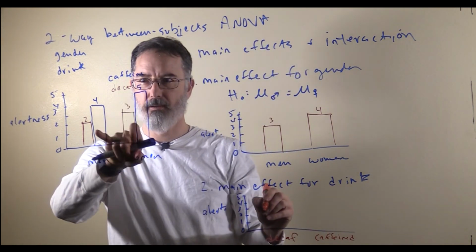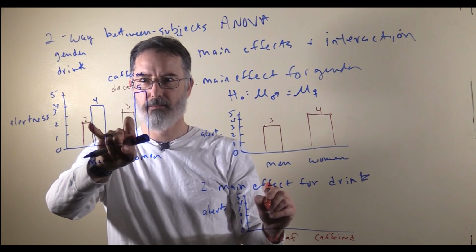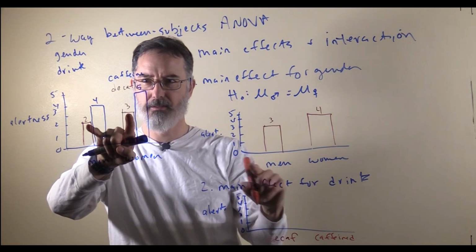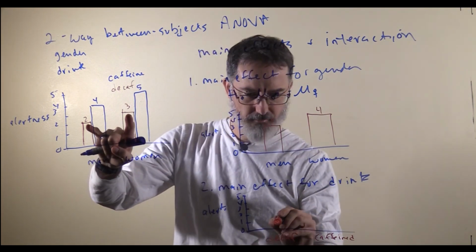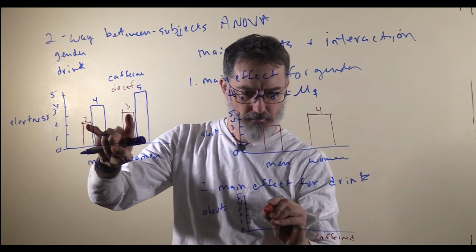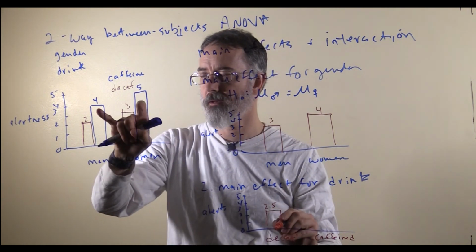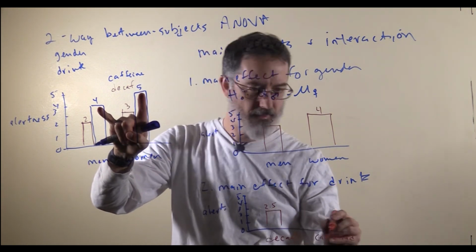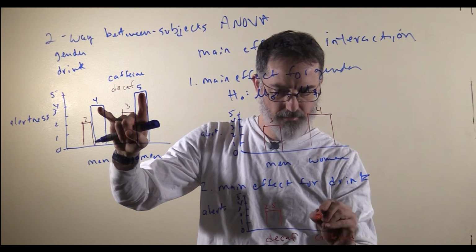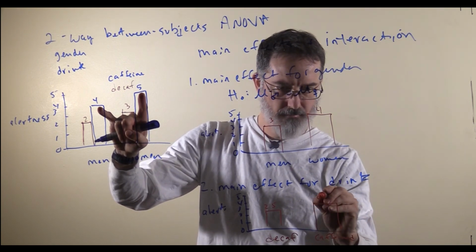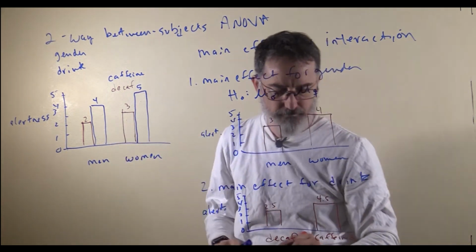And so for our decaffeinated, that's a 2 and a 3, and there's 100 people in each, so we could just average these together. That's going to be 2.5. And for caffeine, that's 4 and 5, average those together. That's going to be 4.5.